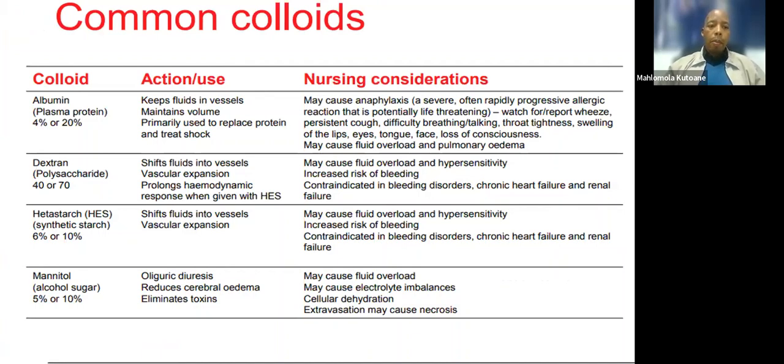Dextran or polysaccharide, which is 40 or 70, is used for shifting fluids into the vessels, vascular expansion, and it prolongs hemodynamic response when given with hetastarch. The hetastarch is also used to shift fluids into the vessels. That means it is a vascular expander or volume expander.